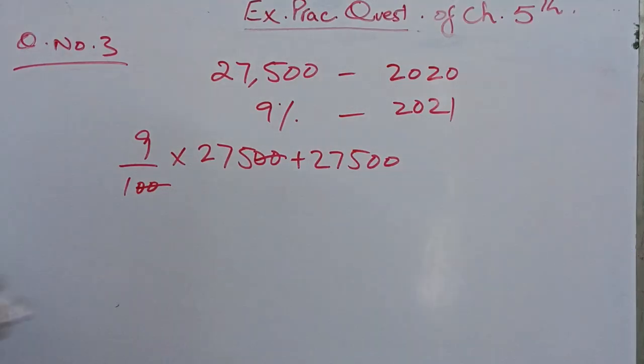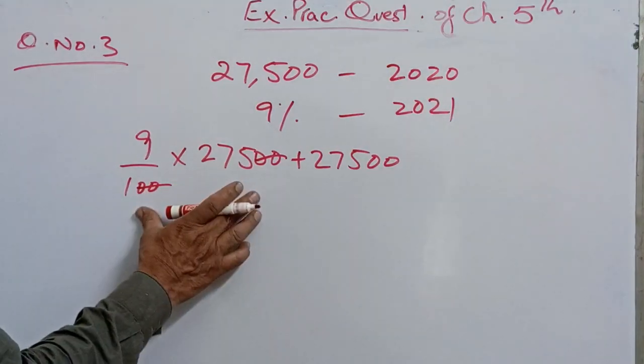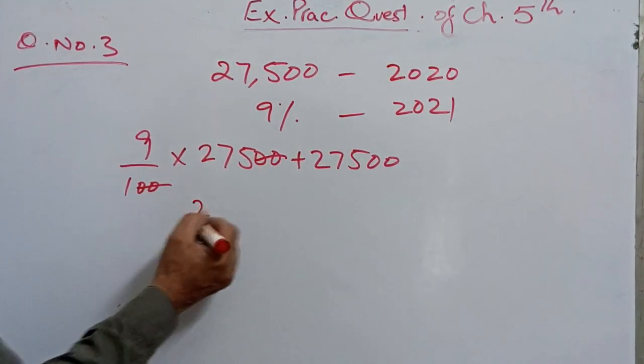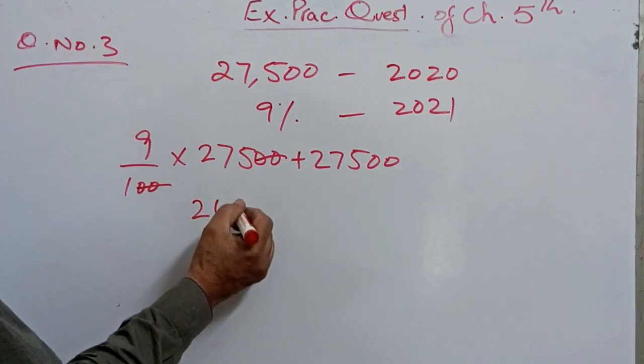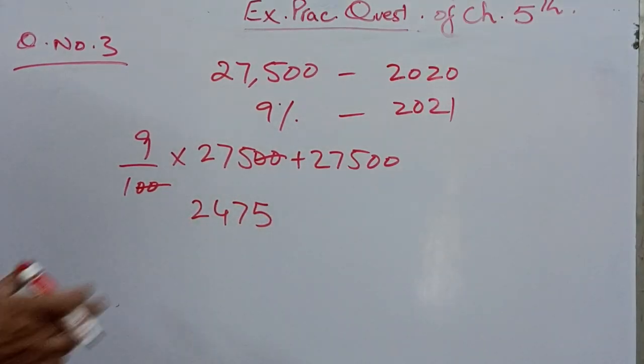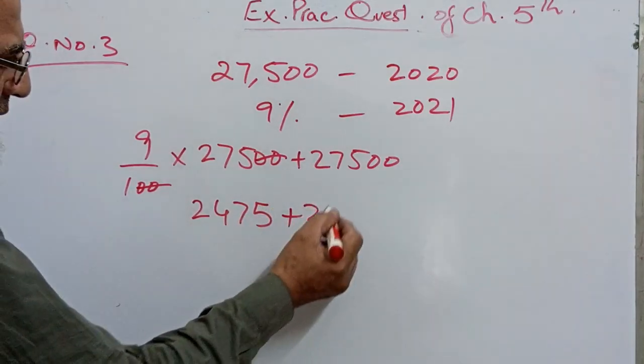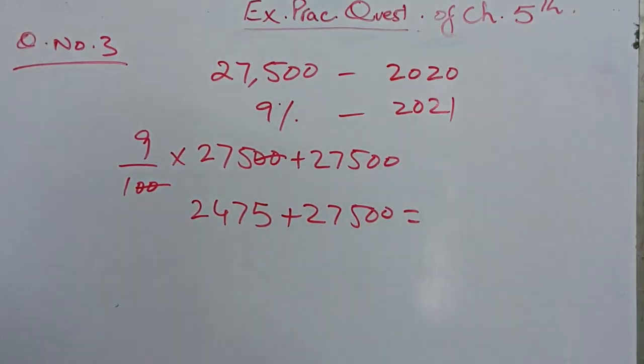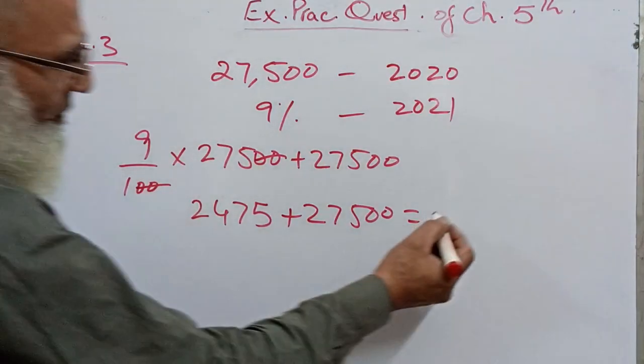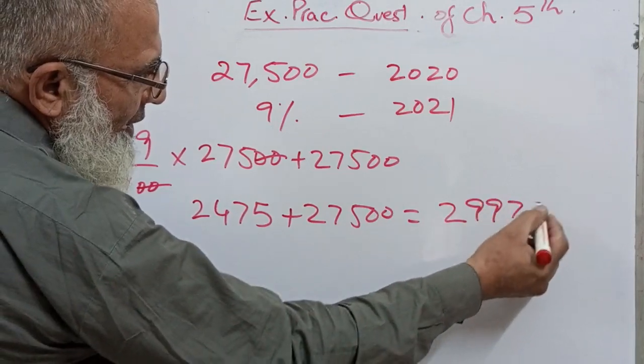This part will give us 2,475, and this percentage has been increased in this figure. When we add this to this one, the answer will be 27,500 plus 2,475, which is 29,975.